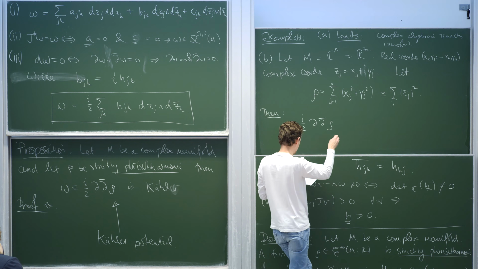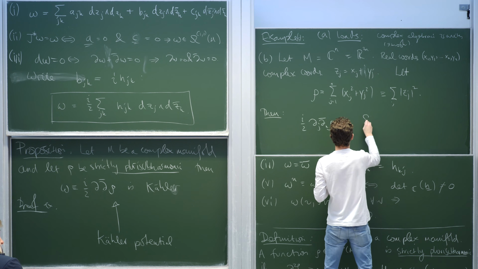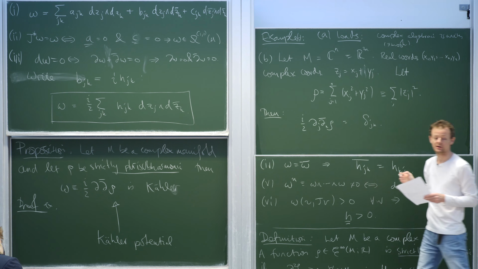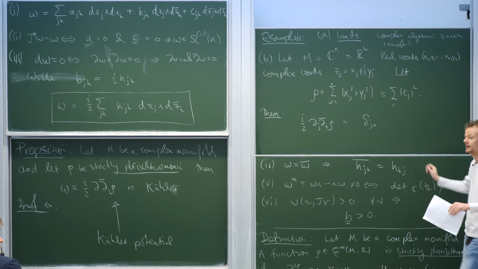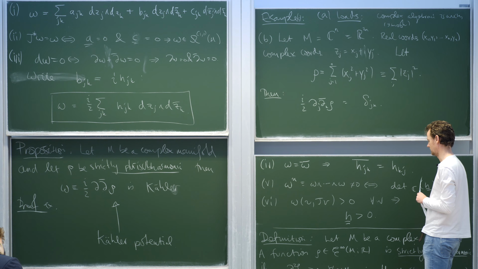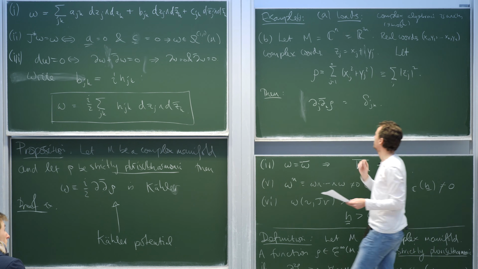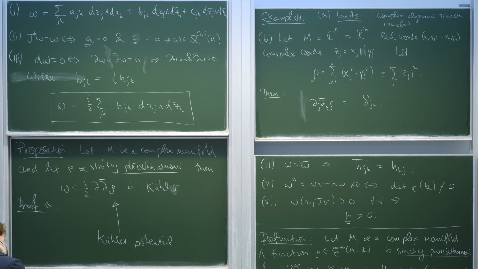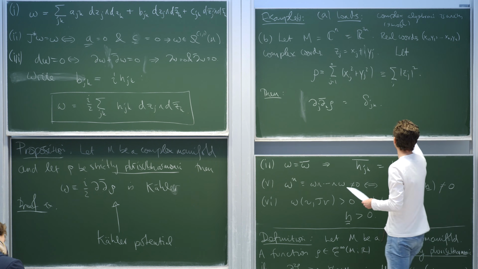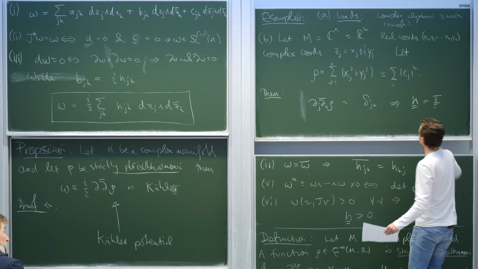With an i over 2, in components we get delta jk, which are the components of a positive operator, namely the identity matrix. So this h matrix is the identity matrix.